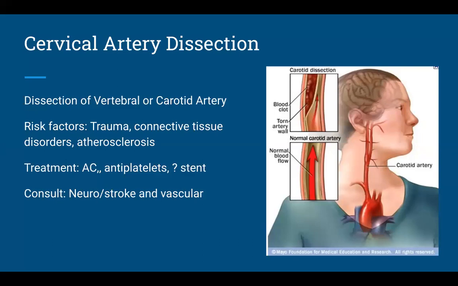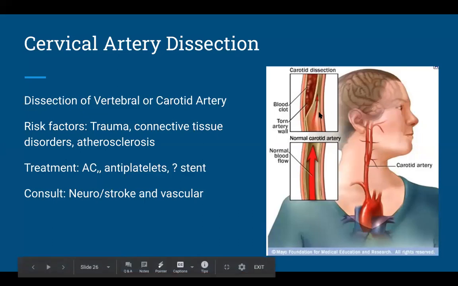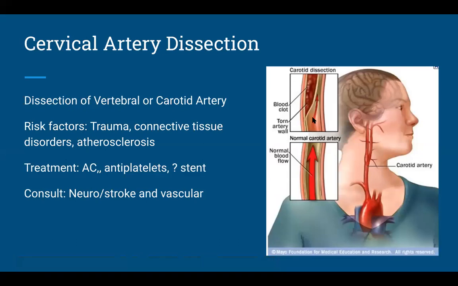The treatment for that is anticoagulation, antiplatelets, aspirin, that kind of stuff, and they might need a stent placed if it's really bad, because the dissection, as you can see in this picture, really narrows that lumen. So they might have decreased blood flow to their brain for an extended period of time. So those definitely need a stat stroke and vascular consult as well.